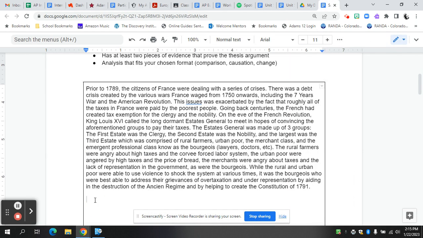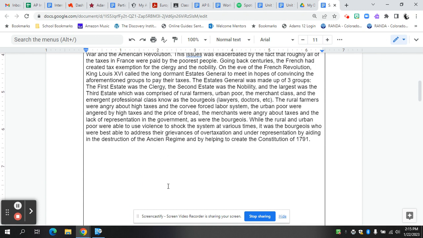We're going to move here into our next paragraph. Again, Ancien regime and its destruction is going to be the topic. So let's just drop into that topic sentence and go from there. The bourgeoisie was instrumental in helping to destroy the unfair social hierarchy that was the Ancien regime.